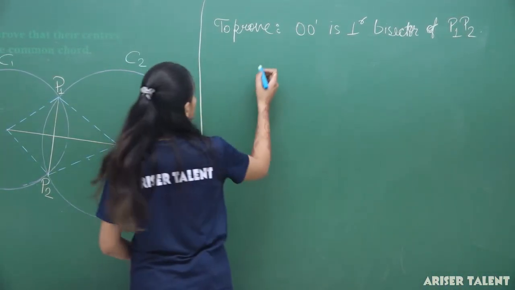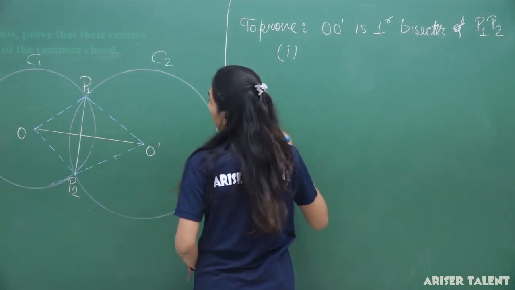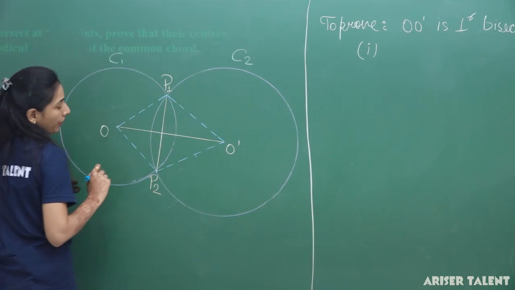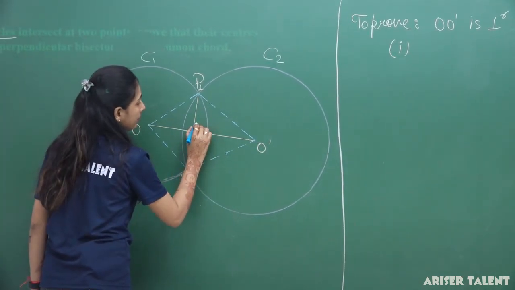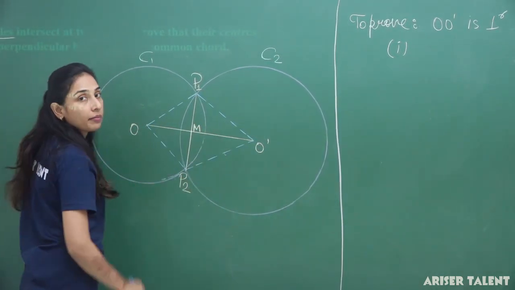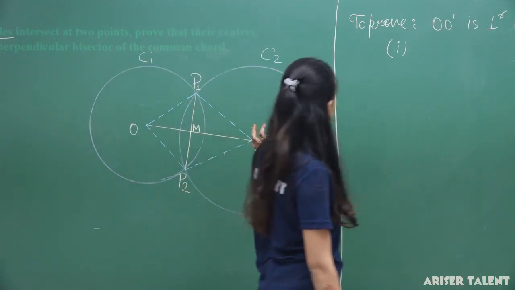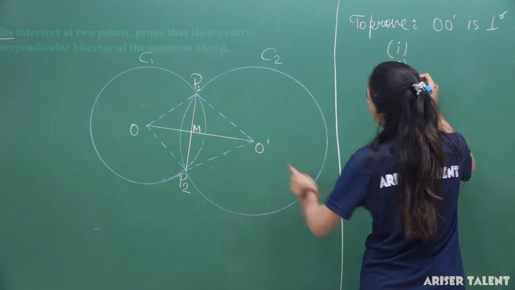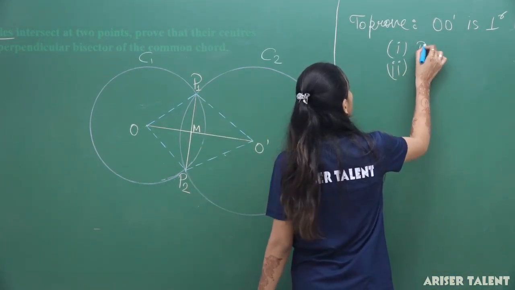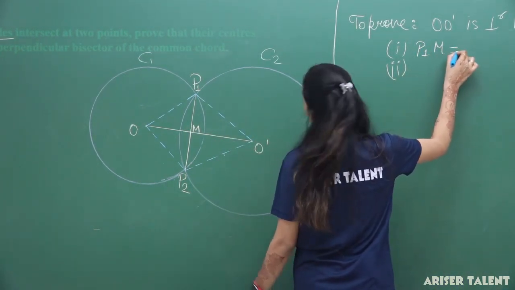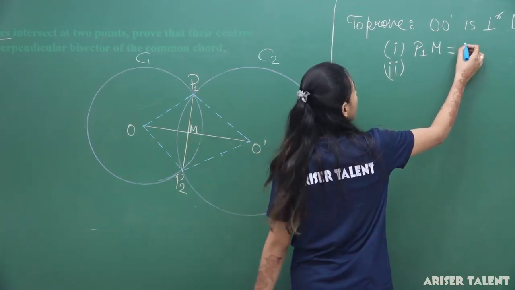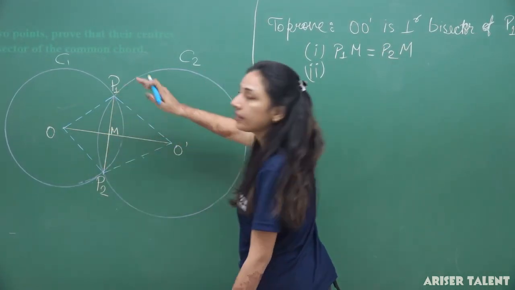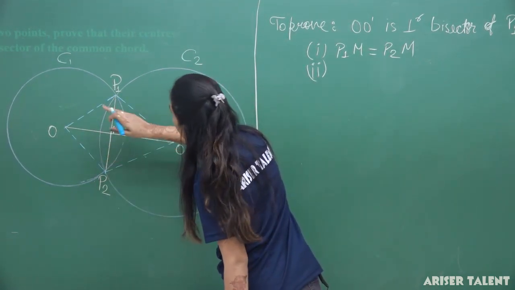To prove this, you have to prove that, this point we can name it M. Okay, this point is M. So to prove this, you need to prove two things. First, P1M is equal to P2M. That is, this line is bisecting this line.